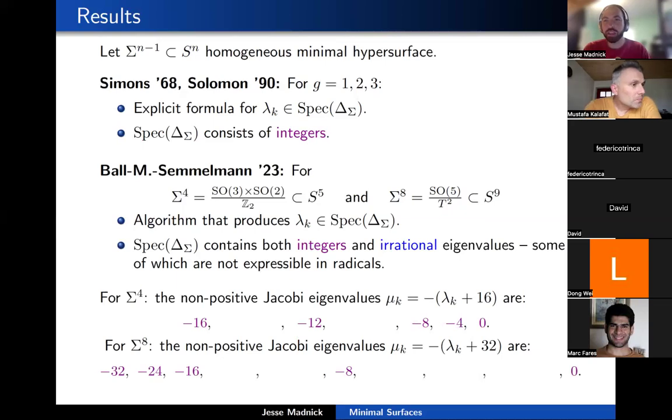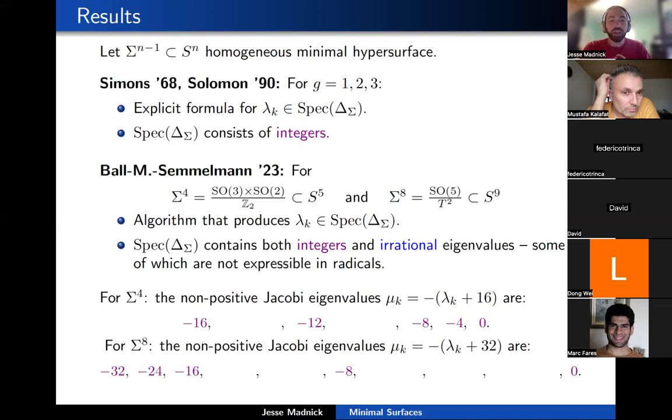This was observed in a third paper of Bruce Solomon, and he pointed out that there was always this sort of arithmetic progression of non-positive Jacobi eigenvalues that you see there. What was unclear was whether there were any others. For all we knew, those were all the non-positive Jacobi eigenvalues, but in fact, we now know that in these two examples, at least, there are others.